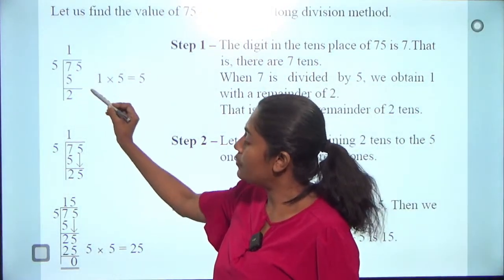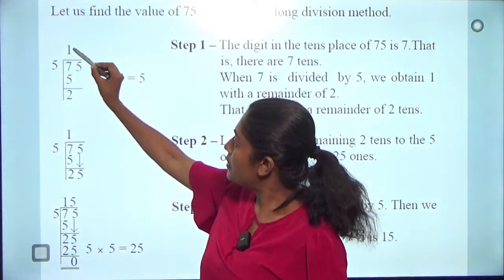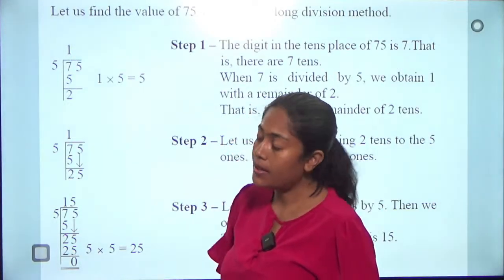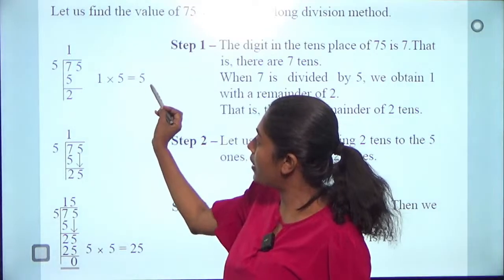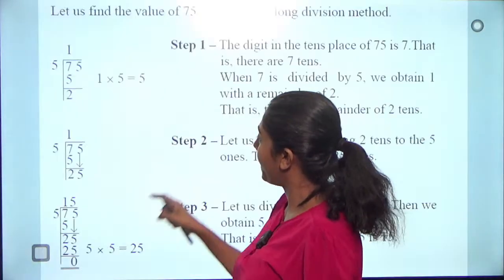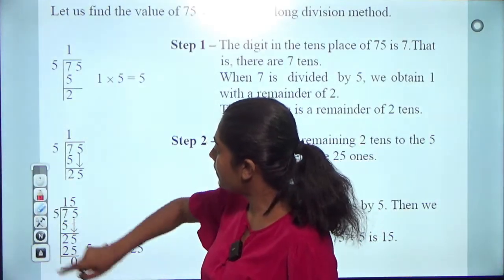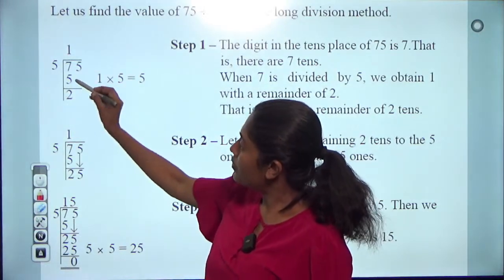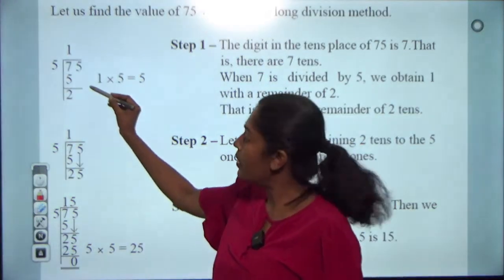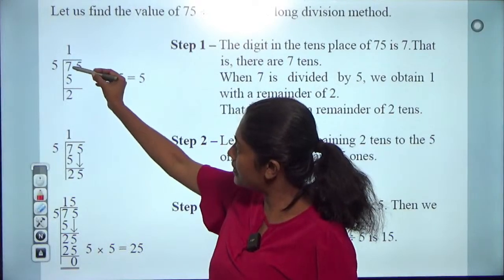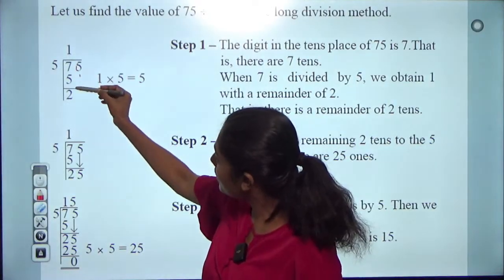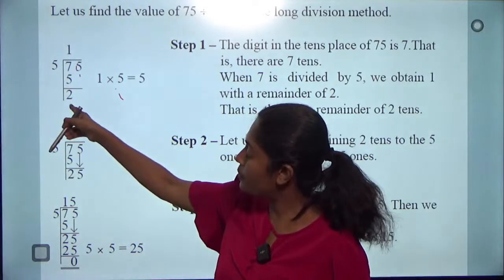Then multiply these two values: 1 into 5, the answer is 5. Write the value under the 7. Then 7 minus 5, the answer is 2.